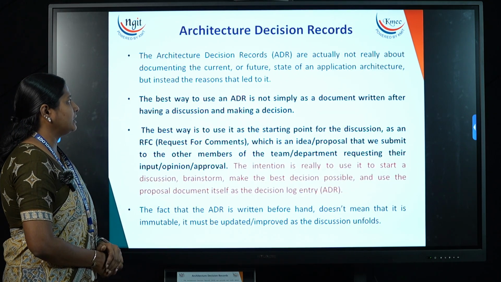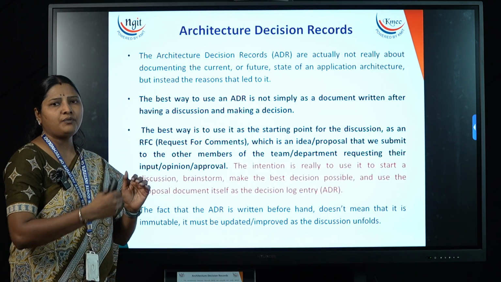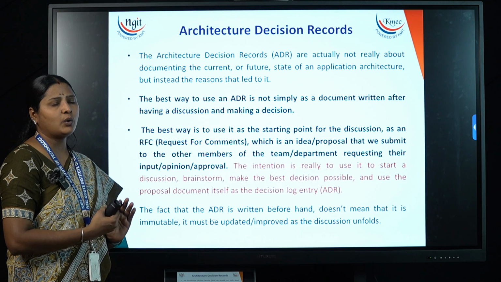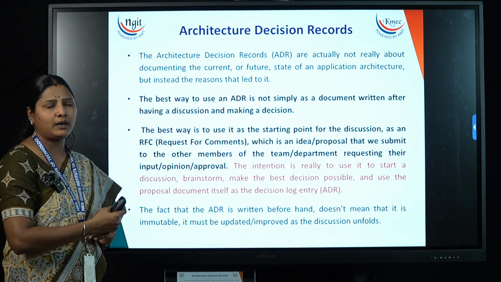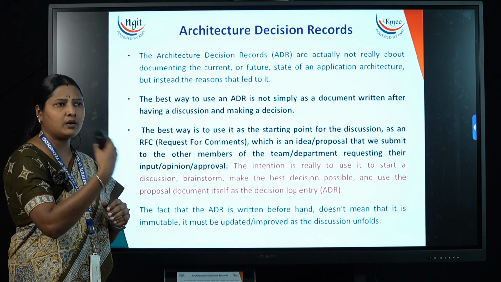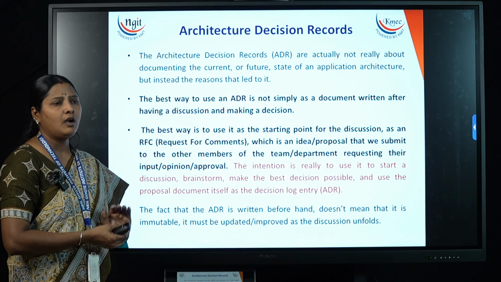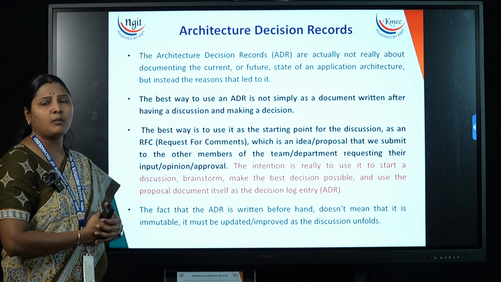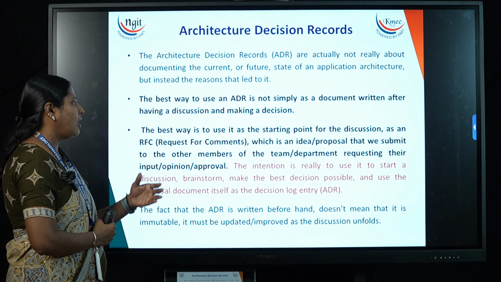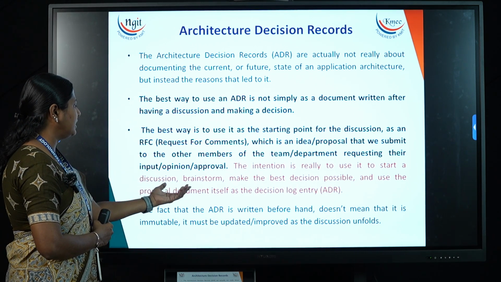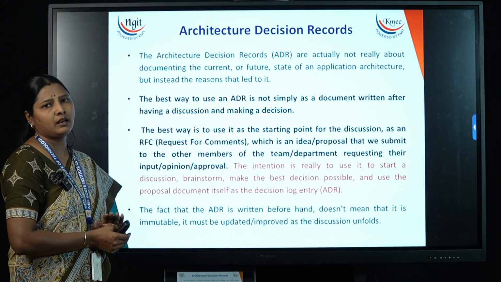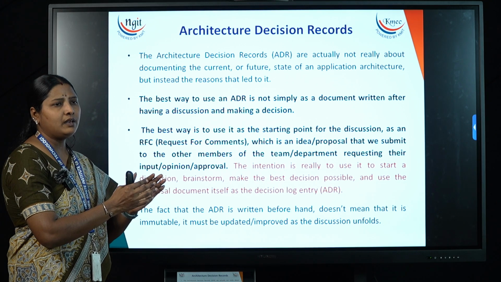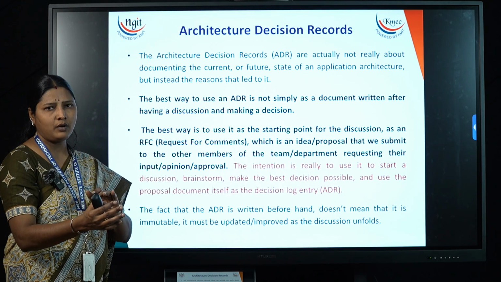The next one is the architecture decision record. So what are we going to record? Record in the sense it is going to collect all the information whenever the user is interacting with the developer, or whenever the end user or stakeholder is interacting with the developer, or whenever there are minutes of meeting among the employees or the developers, or whenever they are having a brainstorm or discussions. That information is going to be collected and recorded, where the recording of the information is totally different from a document.